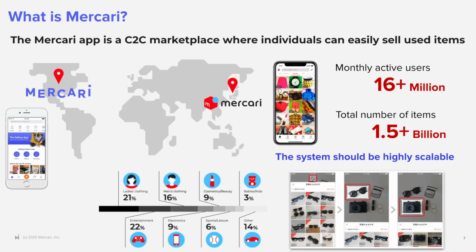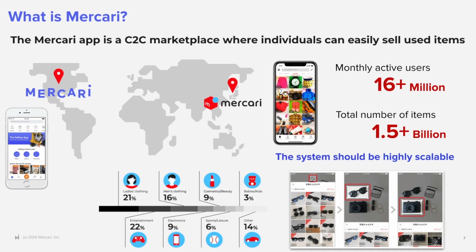The Mercari app is a consumer-to-consumer marketplace where individuals can easily sell used items. We are running our services in Japan and the US. There are various kinds of items in the service, such as apparels for women, men, kids, electronics, games, and handmades, and also cars and motorcycles as well.